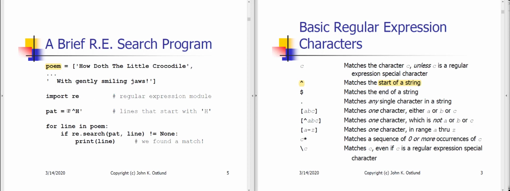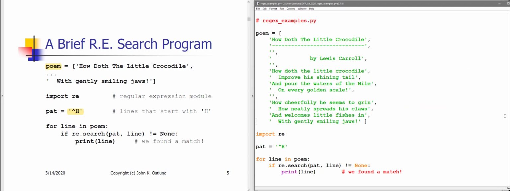If I use this pattern here, caret capital H, what that's saying is I want to look at each line to see whether the line begins with a capital H. In my program, I've got that as my first example pattern to search for.